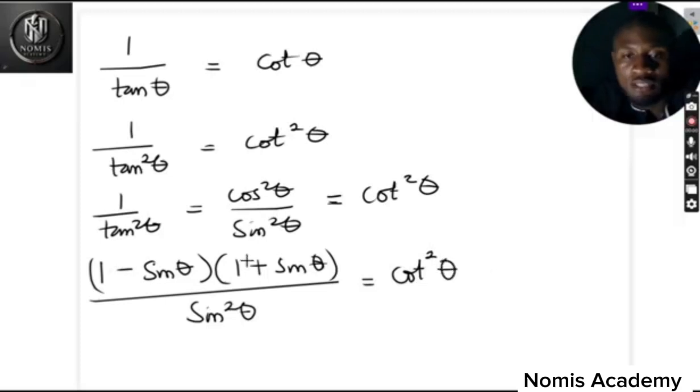You can see how simply we were able to convert it to look exactly like this, because this gives us cos squared theta all over sine squared theta, which is equal to cot squared theta.